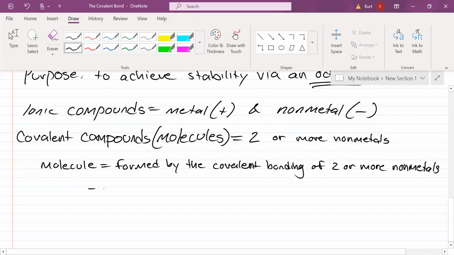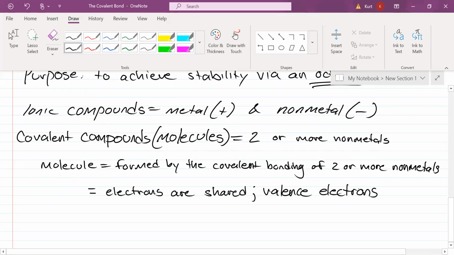Remember that in these bonds, electrons are shared, not stolen. And to be more specific, it's the valence electrons only. I want to make sure I'm clear on that. Valence electrons are the ones that dictate bonding ability.